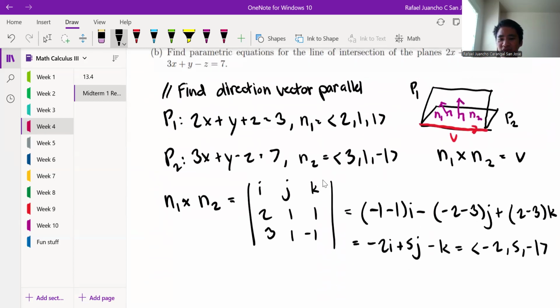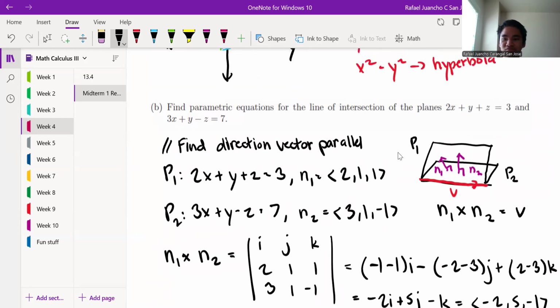Now I need to find a point. Now, honestly, any of these could work, right? I could make this into any point because they have to be in both plane 1 and plane 2. So that's the only issue. Well, we could say one of them is 0, that way our lives are easier.